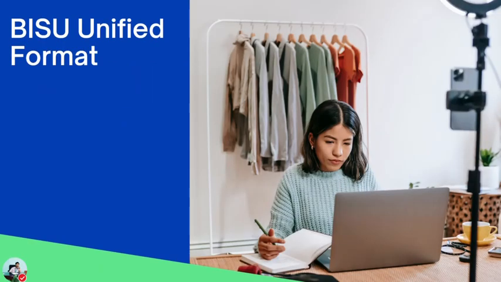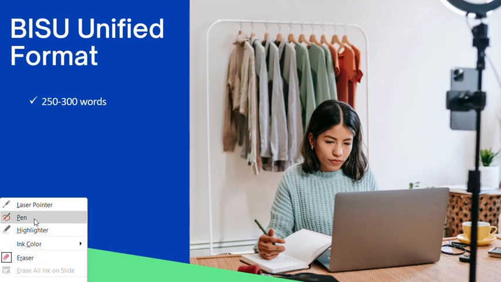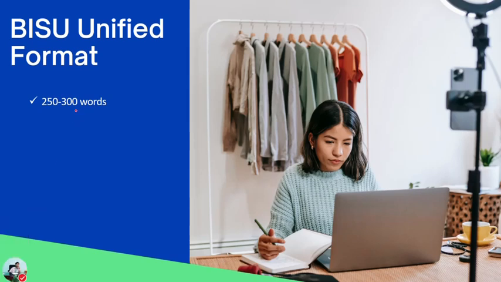But first, we will go to the BSHM unified format, in which we need to follow the agreed BSHM unified format. First, the abstract must be 250 to 300 words only. So you will summarize your whole study into 250 to 300 words only.